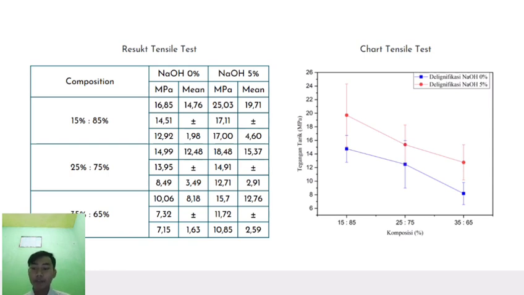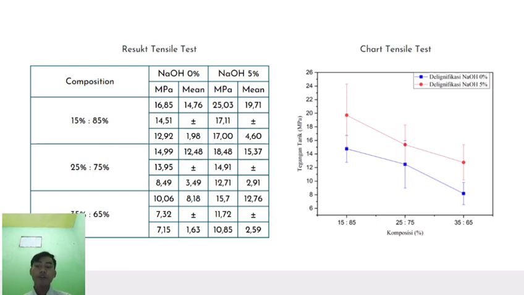Meanwhile, at 5% NaOH delignification, the highest average tensile strength is also at 15% composition. The fiber compositions of 25% and 35% also decrease, which can be seen in the following tensile test graph.